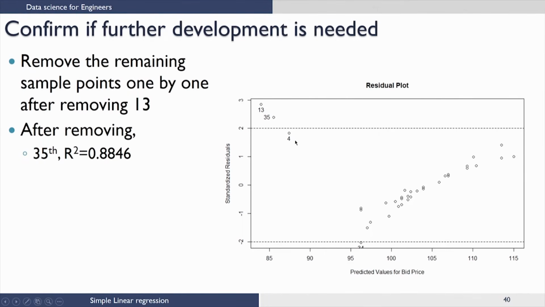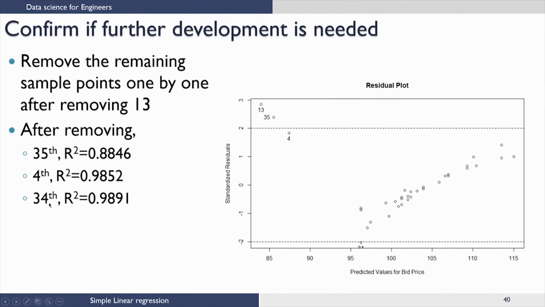Now, let us look at what the R squared value is if I remove the 4th point. The R squared value improves from 0.88 to 0.98. So, that is also a pretty good jump. Now, these indices are for the old data. I also have one more index to remove, which is index 34. Let us see what happens if we remove this.